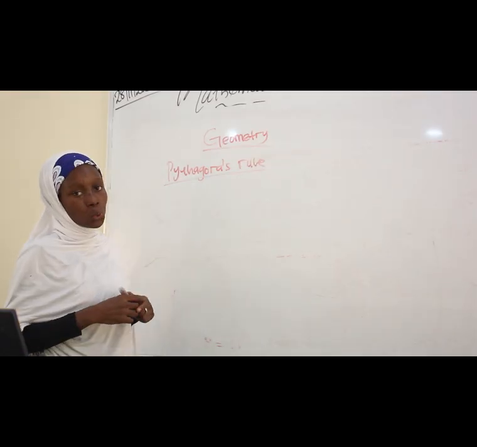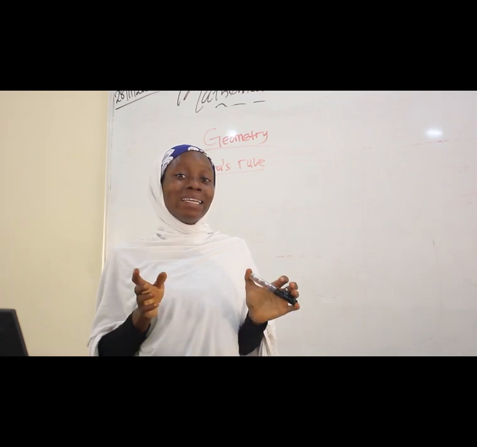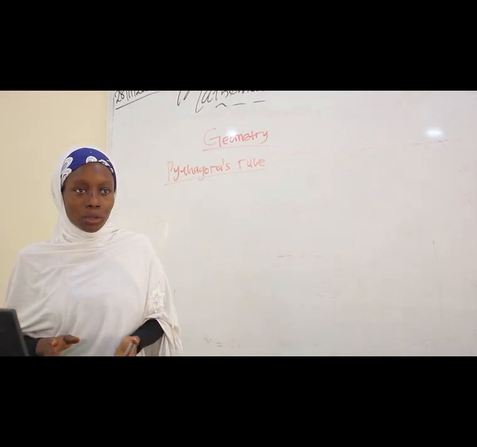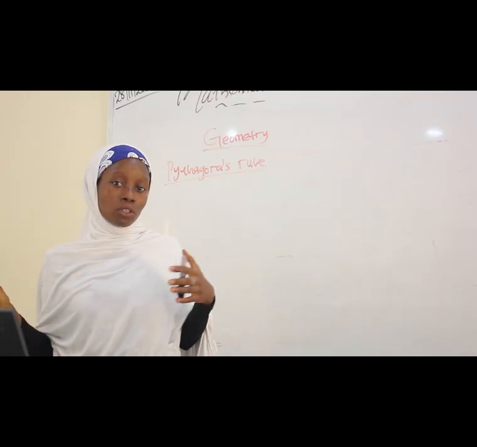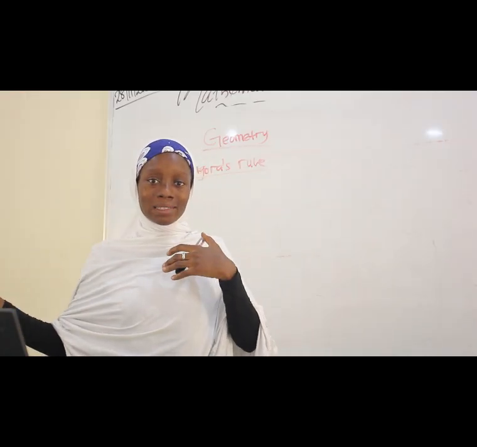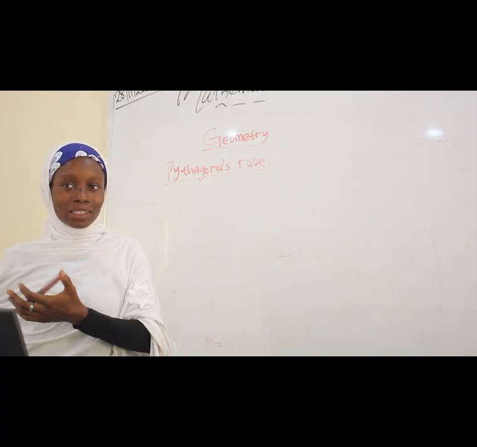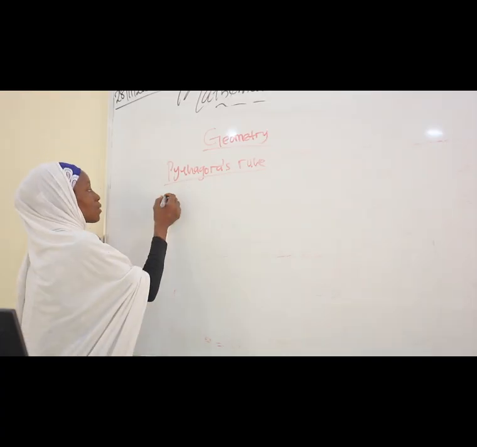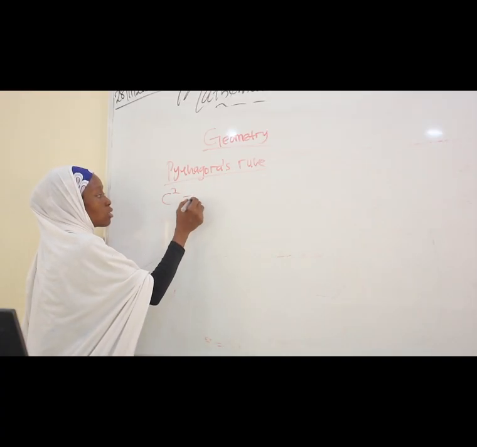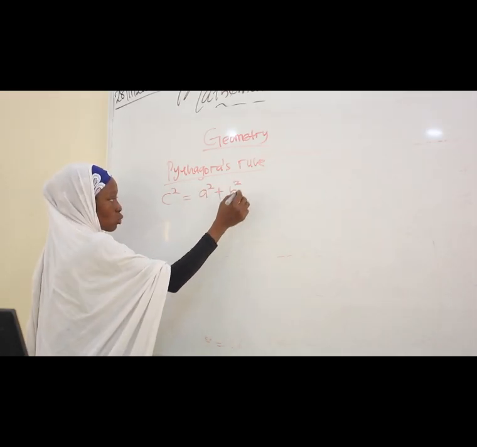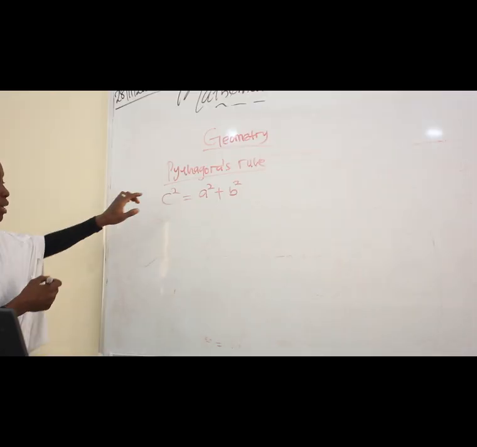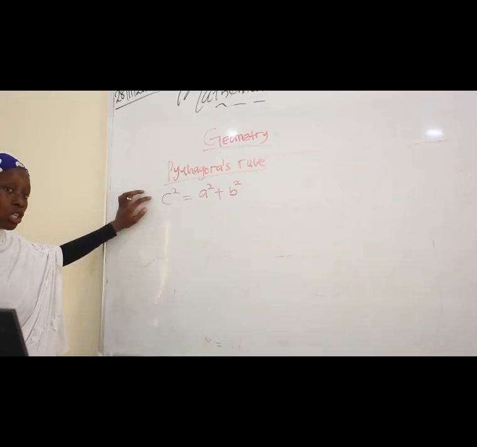So Pythagoras rule states that in a right angle triangle, the square of the hypotenuse is always equal to the sum of the squares of the other two sides, that is adjacent and opposite. So we have c squared is equal to a squared plus b squared. C squared is your hypotenuse, that is the longest side.